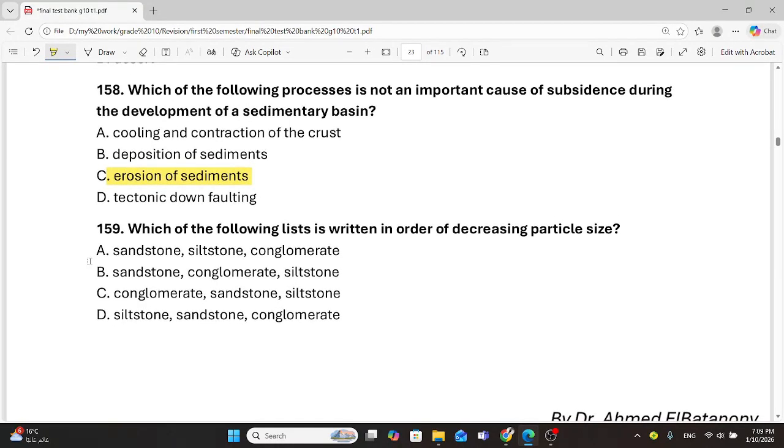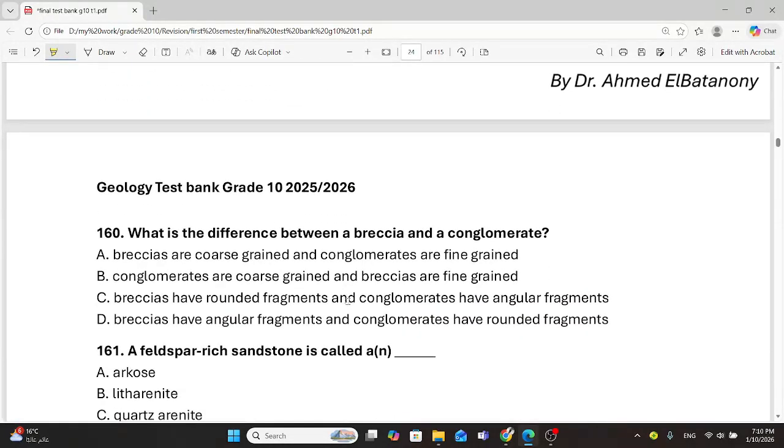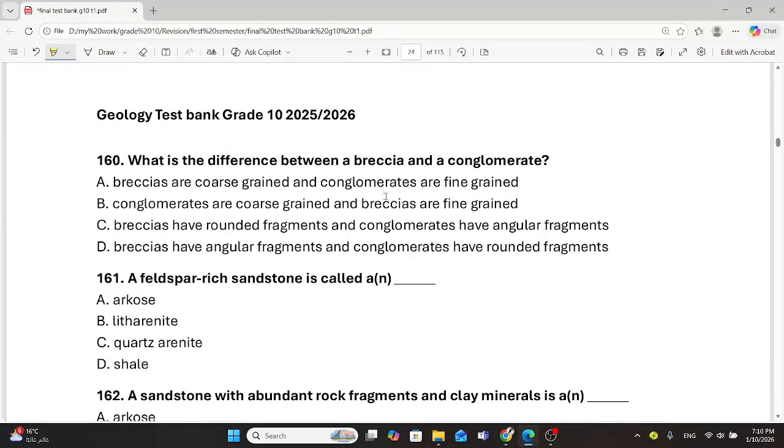Which of the following lists is written in order of decreasing particle size. Decreasing يعني من الكبير للصغير. أكبر حاجة هيبقى الميكتشر ولا هيبقى سيلتستون. سيلتستون هو أصغر حاجة. الكونجلوميريت أكبر حاجة. ساندستون في الميديم.